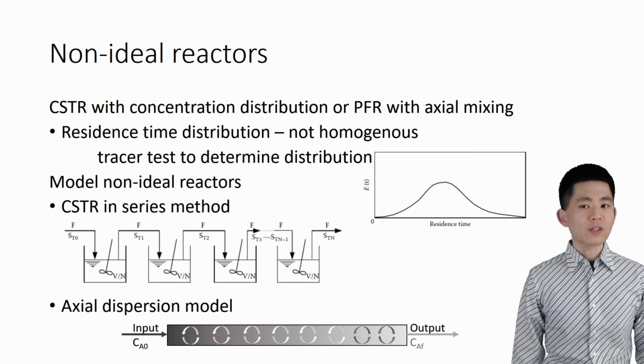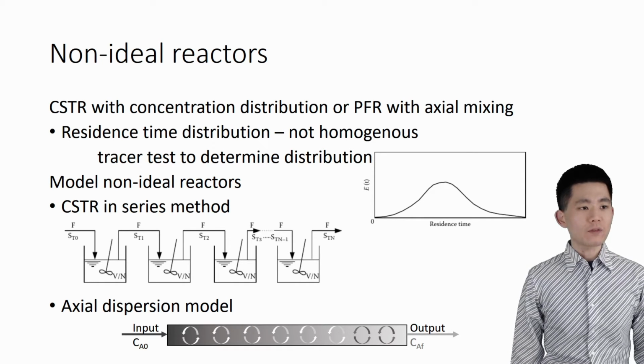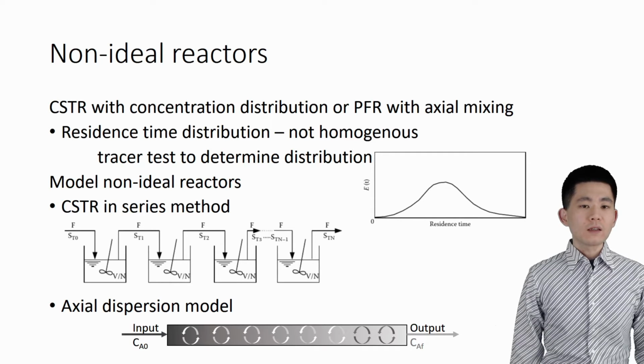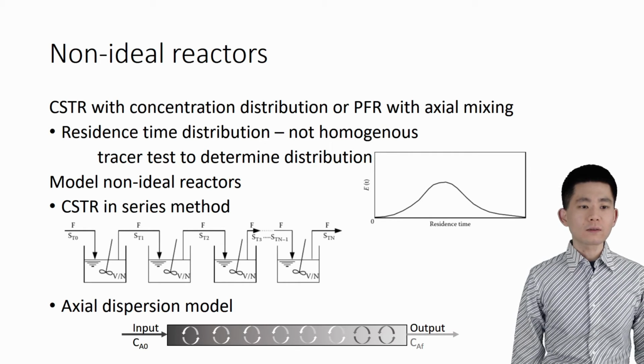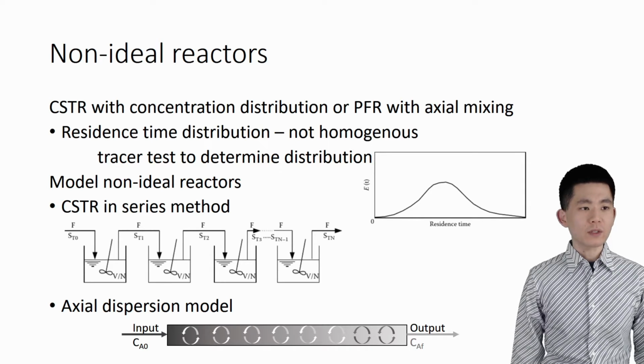The more CSTR tanks there are in series, the more the system will perform like a PFR. An ideal PFR is essentially an infinite amount of CSTR in series. On the other hand, the more axial mixing there is in PFR, the more it will perform like a CSTR. CSTR is essentially PFR with complete axial mixing.